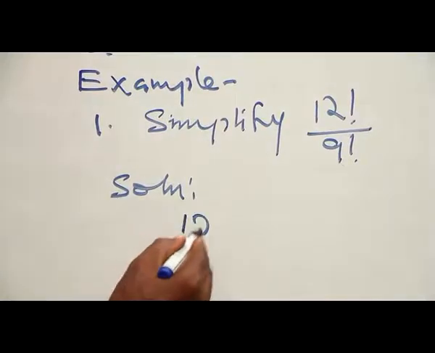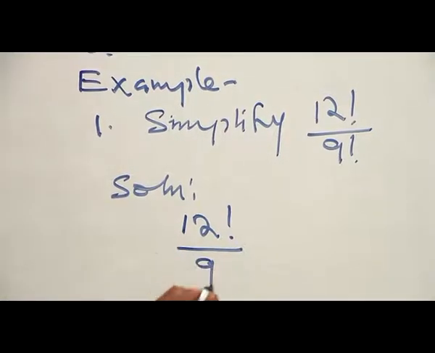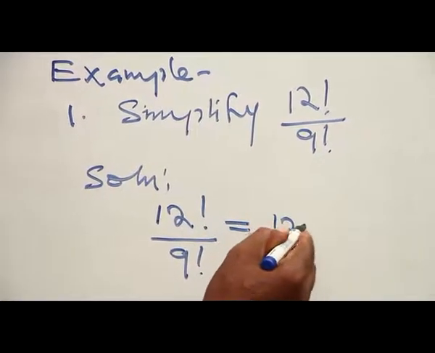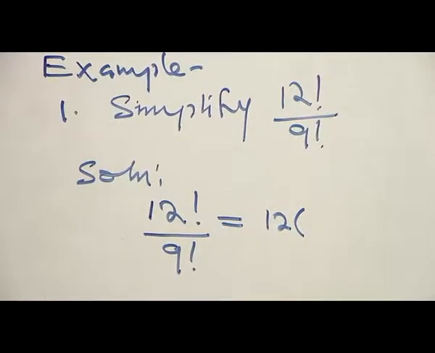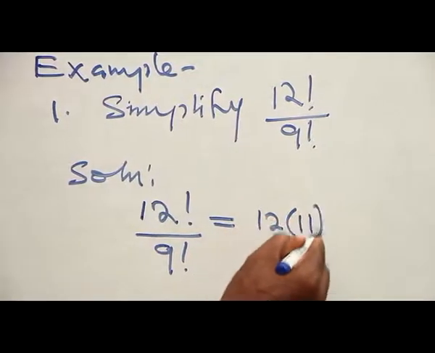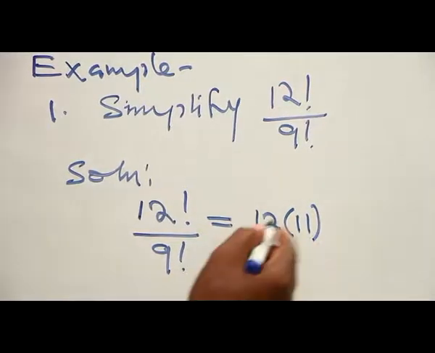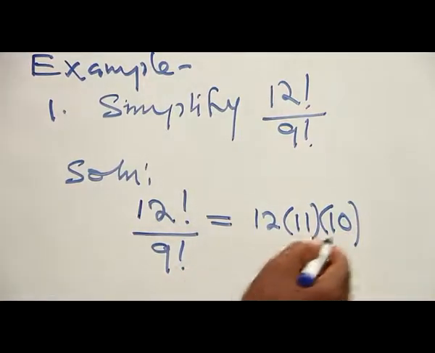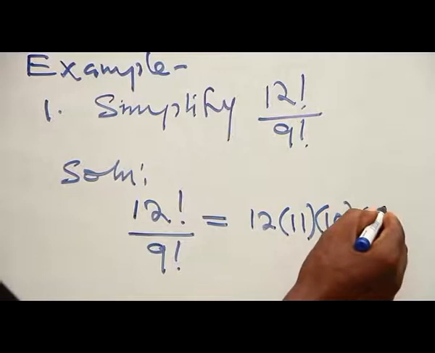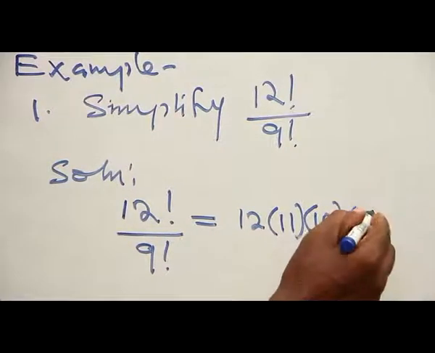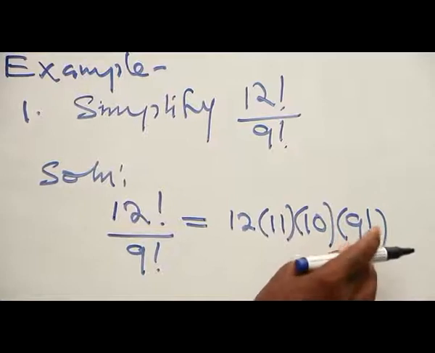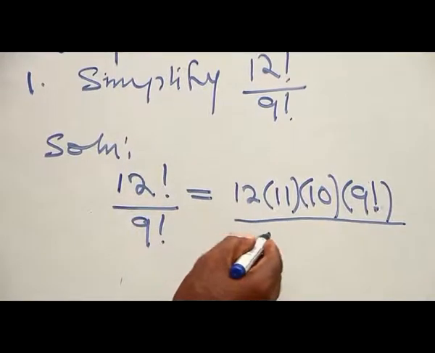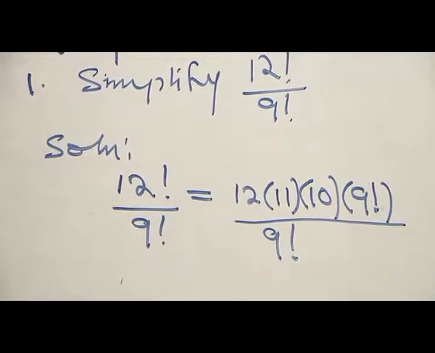Solution. 12 factorial all over 9 factorial is equal to 12 times 11, times 10, times 9 factorial, since 12 minus 1 is 11, 11 minus 1 is 10, and 10 minus 1 is 9. Everything here is all over 9 factorial.